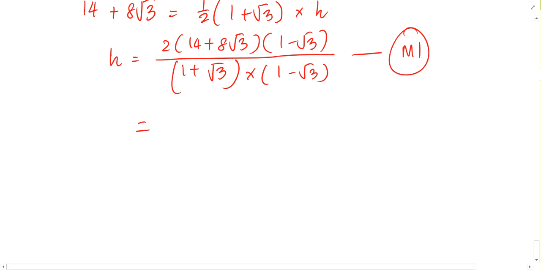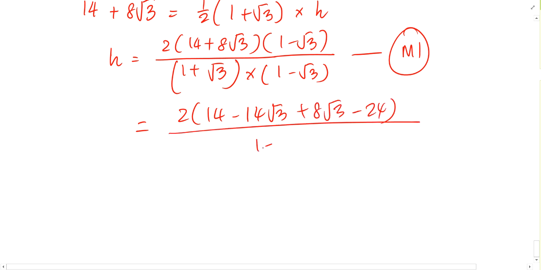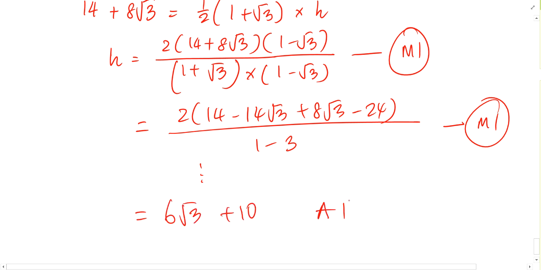Go and evaluate. 2, 14 minus 14 root 3. Basically just expand it out. Plus 8 root 3 minus 24 over 1 minus 3, you get another method mark. Continue to get 6 root 3 plus 10. That's your answer mark.